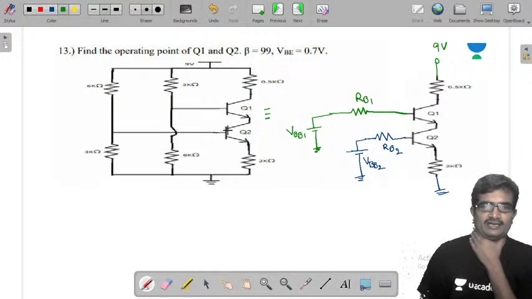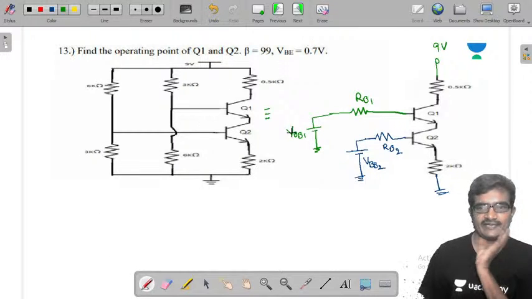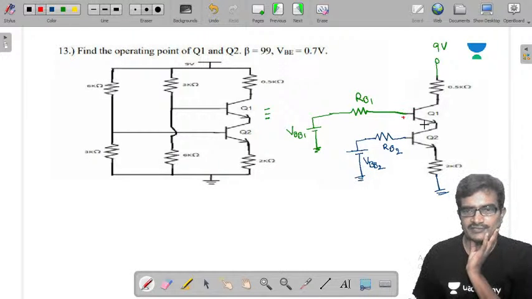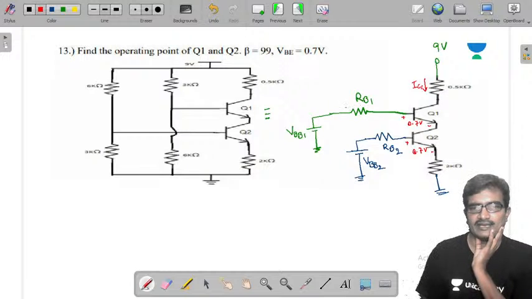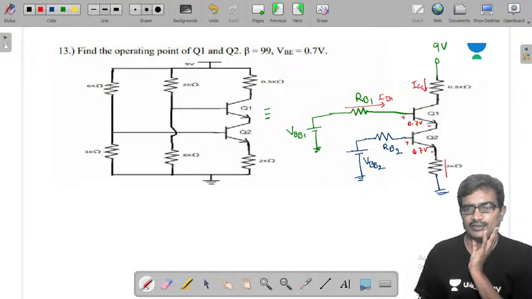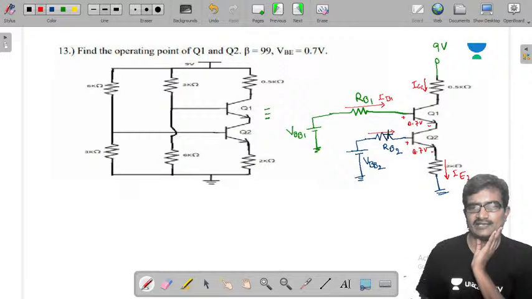They have given VBE as 0.7. This is 0.7, and it is also 0.7. Here is IC1, IB1, IE2, and this is IB1 or IB2.